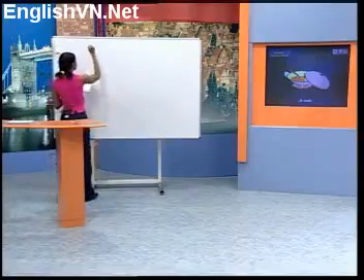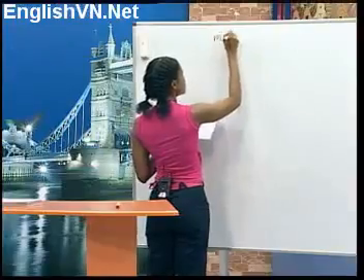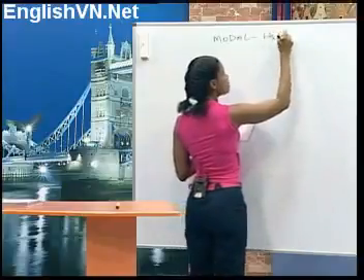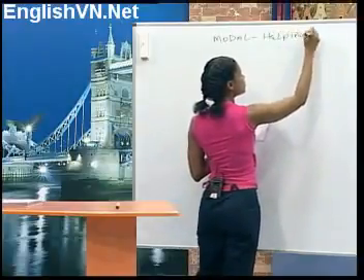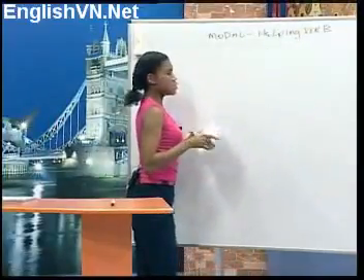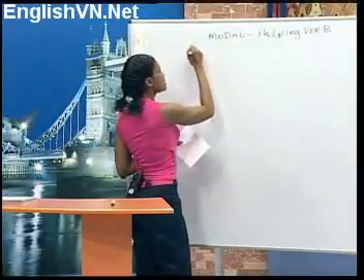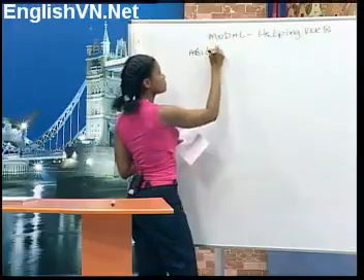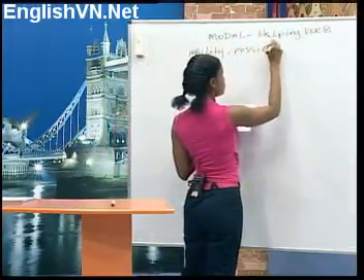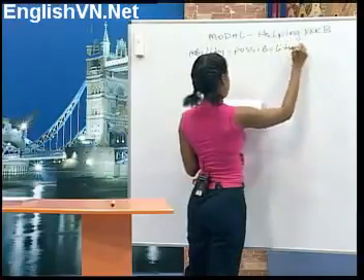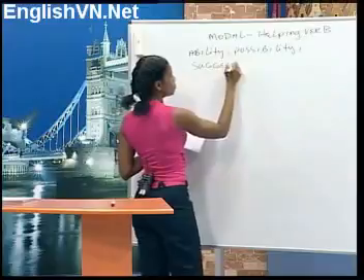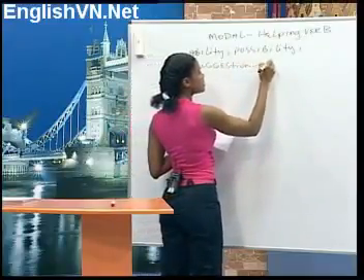Okay, we're also going to talk about modals today. A modal is a helping verb that you use with another simple verb form to describe things such as ability, possibility, suggestion, or necessity.